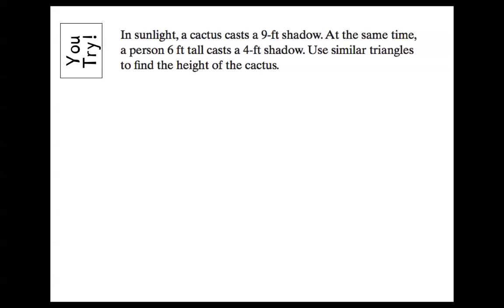Anyways, how about you try to do a little shadow reckoning? How about you try to do a little bit of indirect measurement here using similar triangles? So read this problem, maybe pause the video, and then see if you can do step 1, draw it out. Do step 2, make some proportions, and then do step 3, solve the proportions to come to an answer.